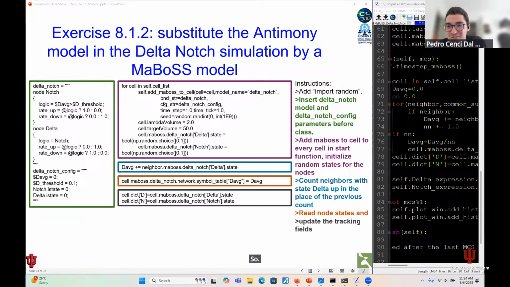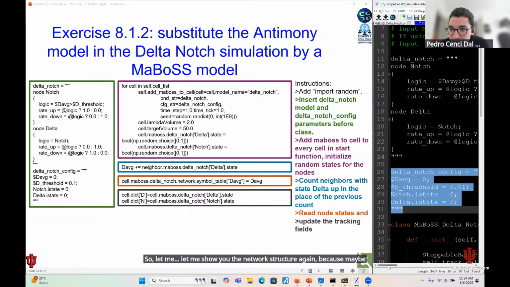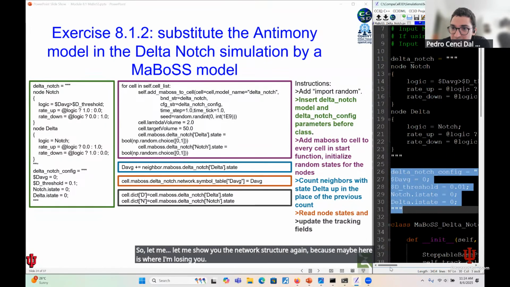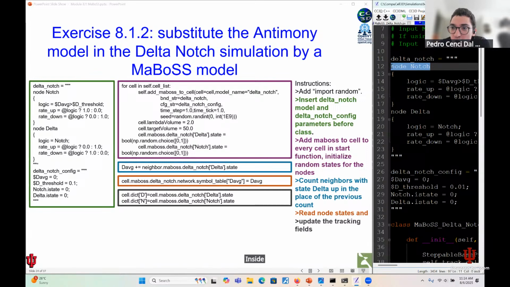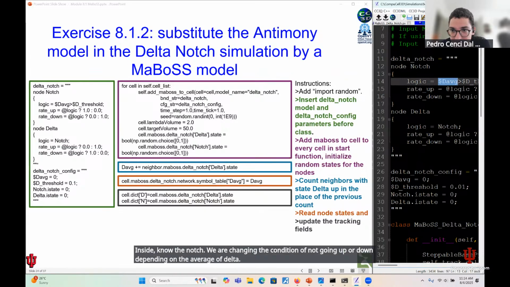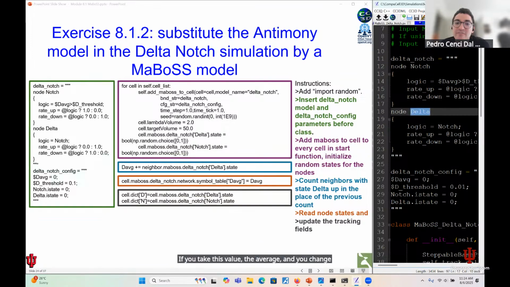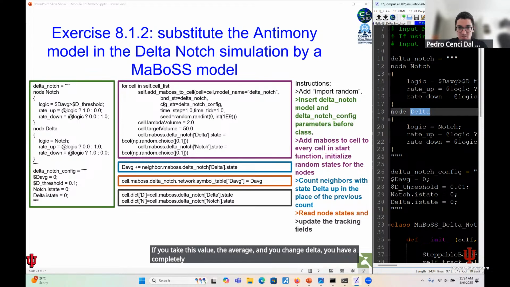So let me show you the network structure again, because maybe here is where I'm losing you. Inside node notch, we are changing the condition of notch going up or down depending on the average of delta. If you take this value, the average, and you change delta, you have a completely different network structure. It's not delta notch anymore.